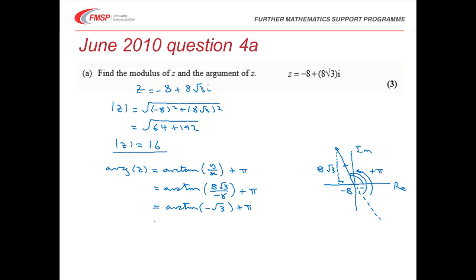And then using your calculator, we'll get minus pi by 3 plus pi. So the argument of z, and this confirms what we suspected in the diagram as well, is 2 pi by 3.